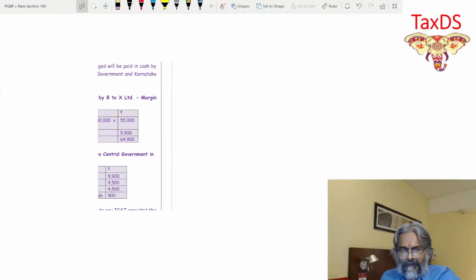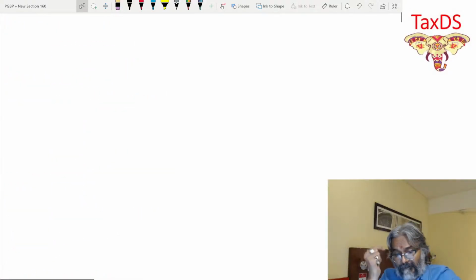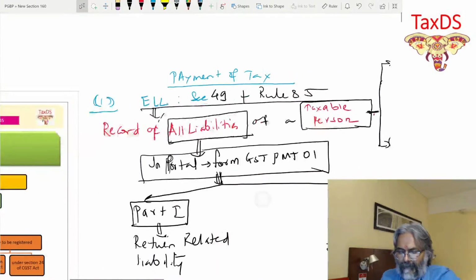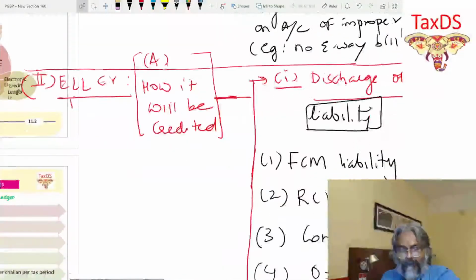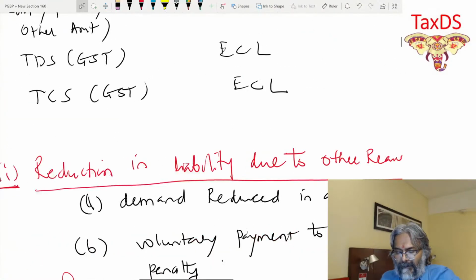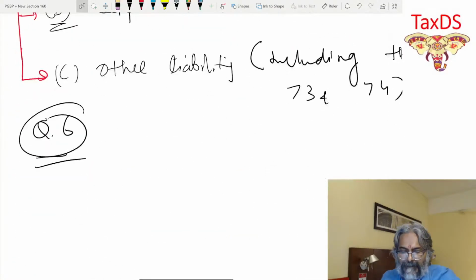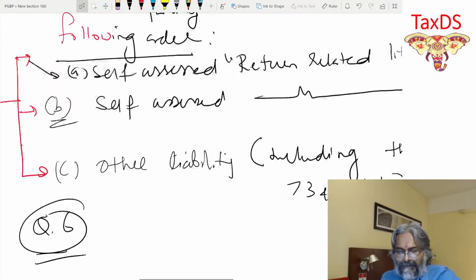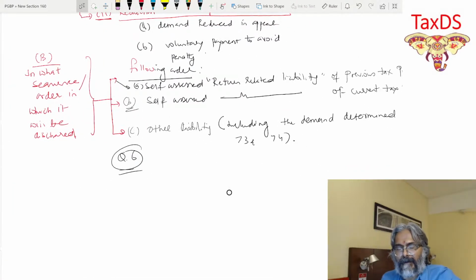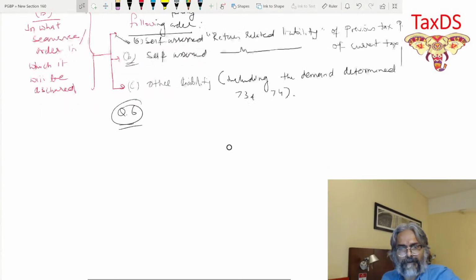Why am I emphasizing this one? Already see the rank number 3, students, in the order of utilization. In the order of utilization, rank number 3 is what? ITC on SGST. So ITC on SGST, students, you are going to touch only if the other credits, namely IGST credit and the second one, CGST credit, have been fully exhausted.